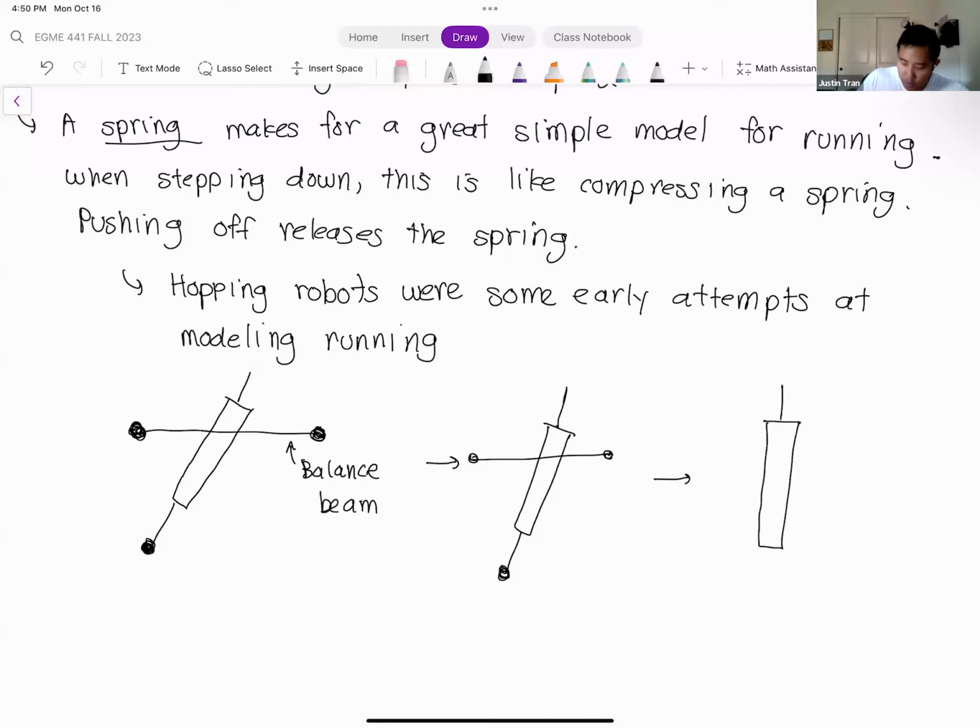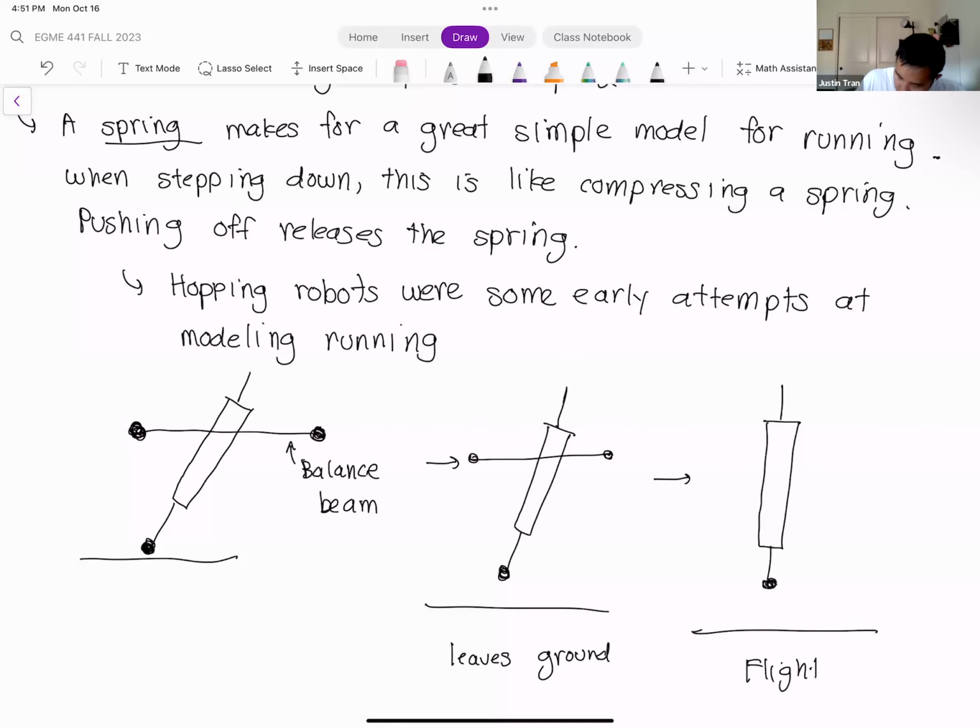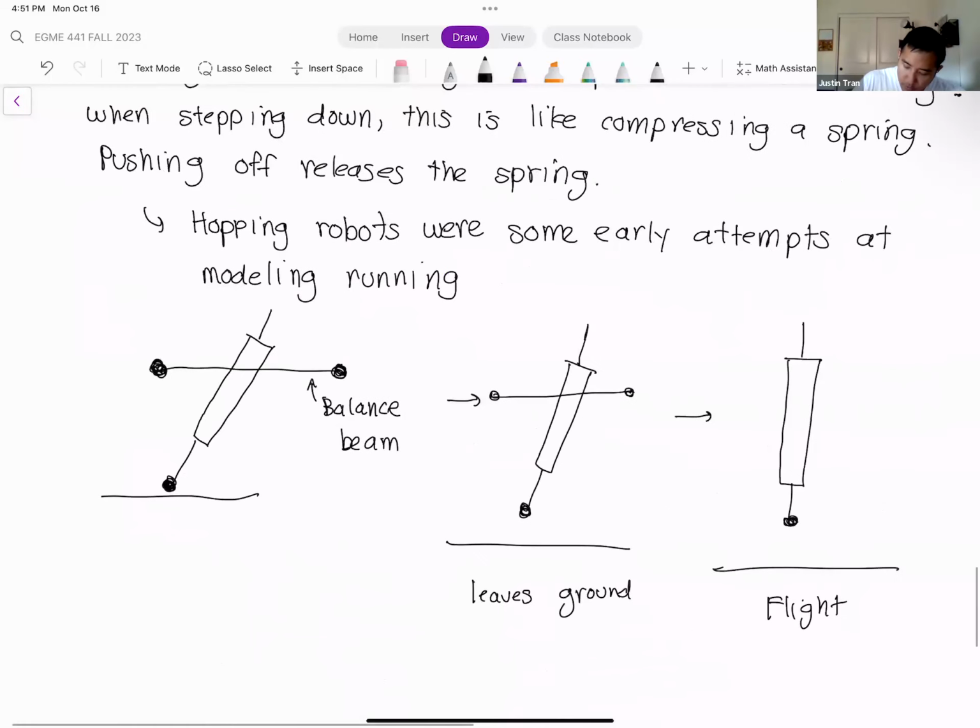Maybe right here the robot leaves the ground, and then right here we are in flight, again with the balance beam.